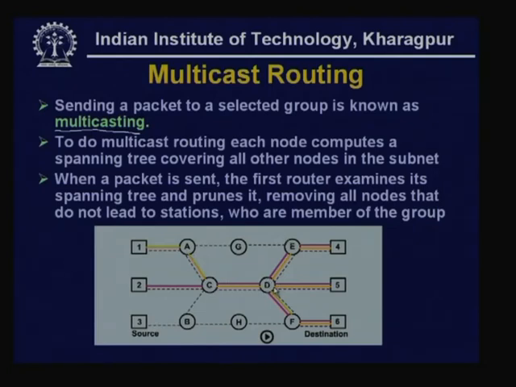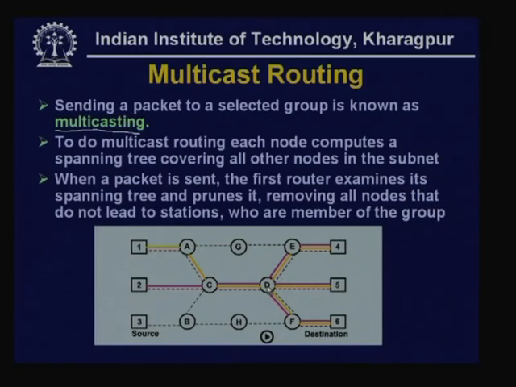In this way, whether it will send in a particular direction is based on the spanning tree. That means from A it will go to C, and C also will not send to any other path, it will send only in this direction. So, spanning tree formation decides the route, and multicasting is done.